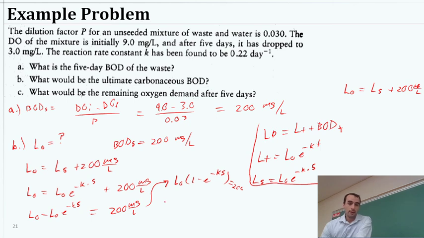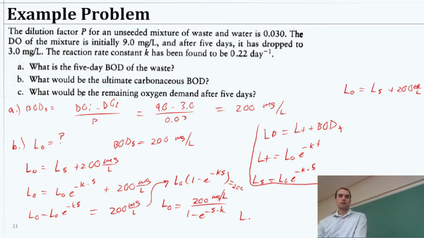Okay, with that, then we can say L naught is equal to the 200 milligrams per liter divided by this 1 minus e to the negative 5 times k. And assuming k is in per days, which it is, and the 5 days there, I think the units are fine, and then we can solve.